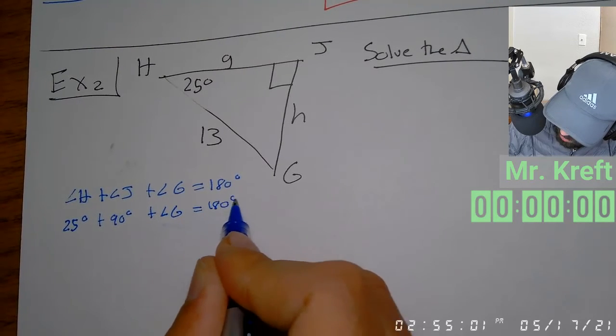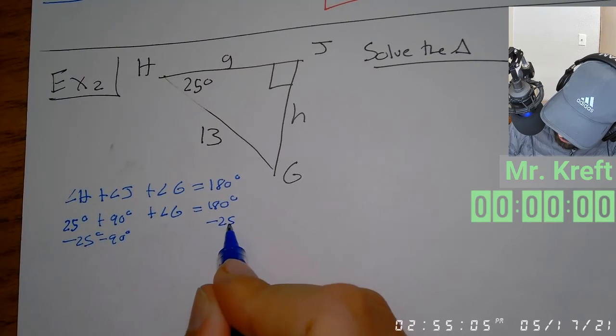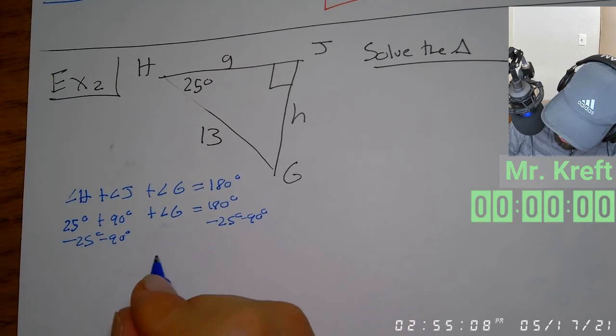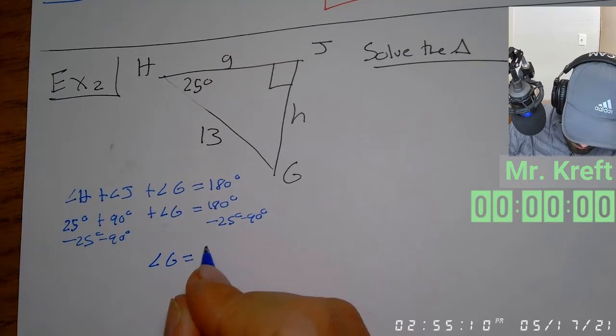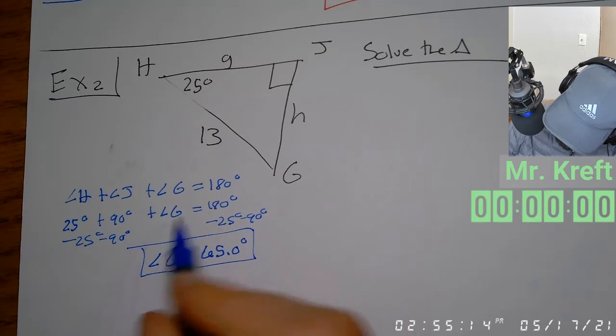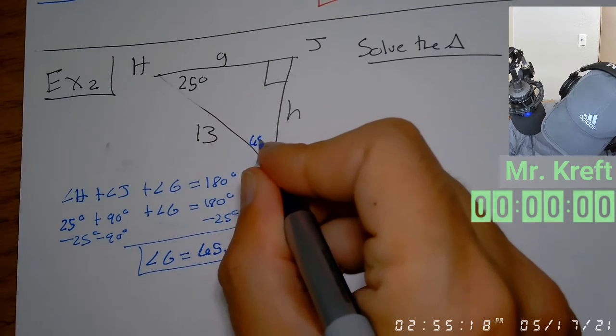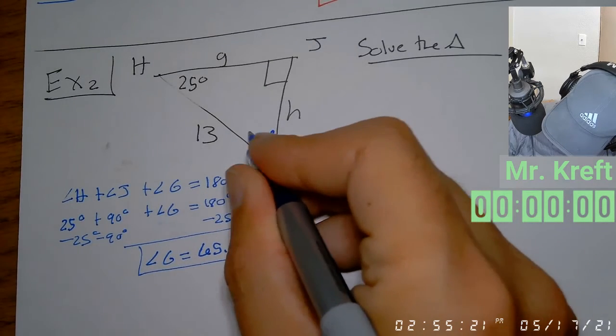This isn't easy enough. We don't have to use trig at all. We can just subtract 25 and 90 degrees, and we can get angle G equals 65 degrees, right? So right there, boom, I know this is 65 degrees.